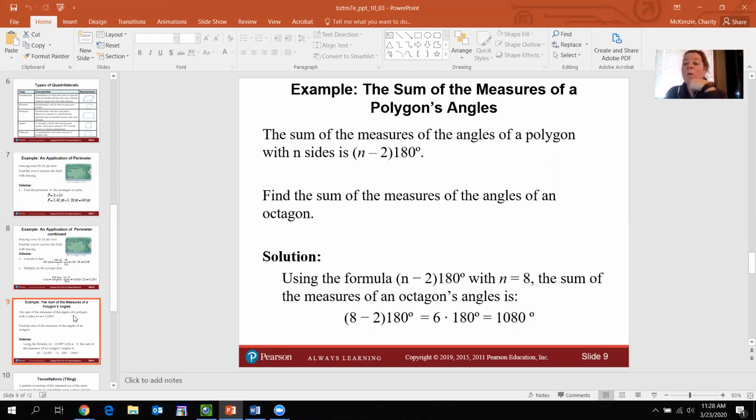We know the angles of a triangle add to 180 degrees. So we can use that idea, and we have a formula to find the degrees that any polygon's angles add to. This formula is (n - 2) times 180.